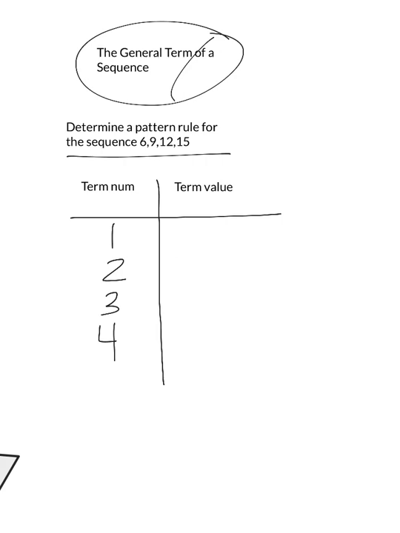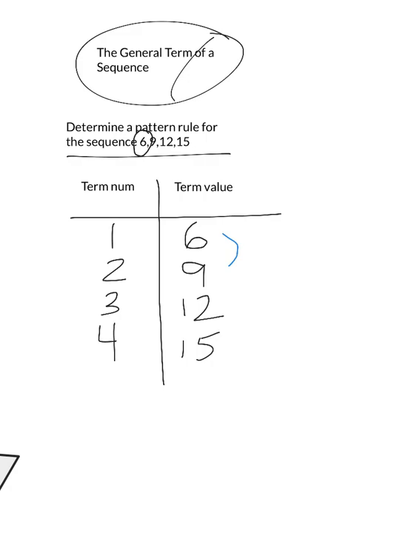And then we're going to insert our term value. So term number 1, the value is 6, right? Because for term number 1, there it is right there. And then term number 2 would be 9, and so on. You put in the numbers that are given to you. Now, to determine an algebraic expression, we're going to see what the term value increases by.